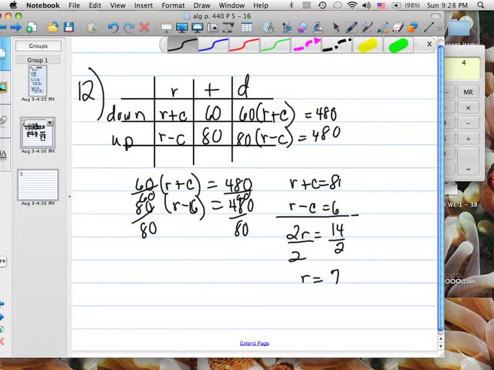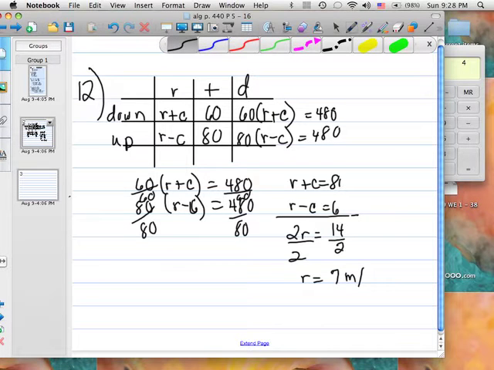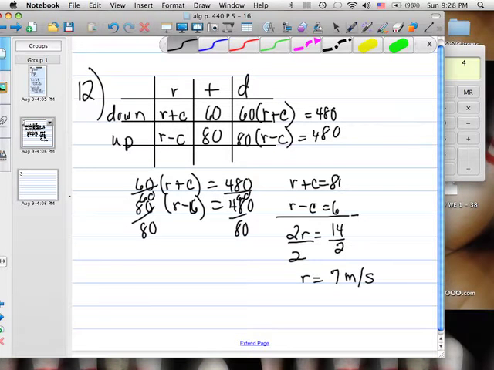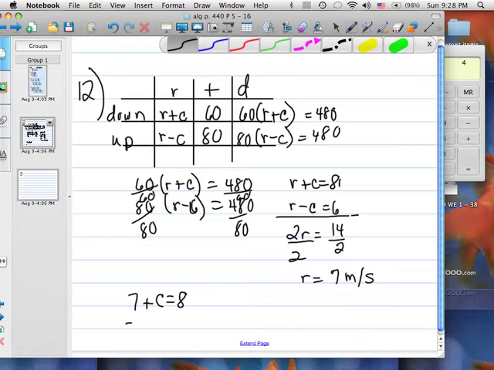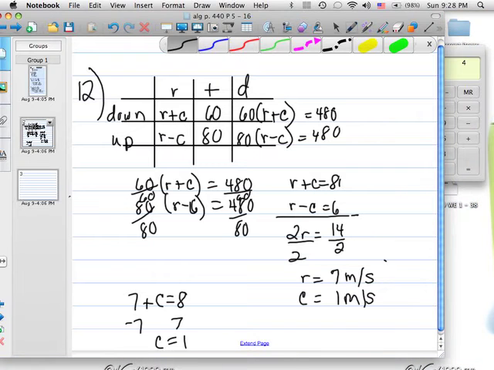It's a little late. So 14 divided by 2 is 7. So the rate in still water is 7 meters per second. And the current's rate, I could take either one of these two. So 7 plus C equals 8. Subtract 7. And the current's rate is 1. So the current is 1 meter per second.